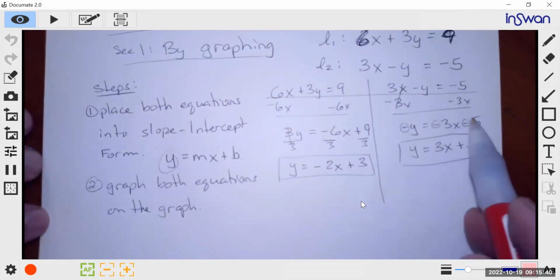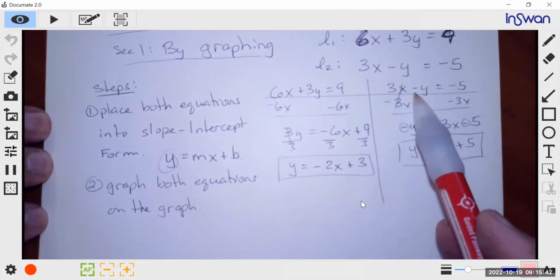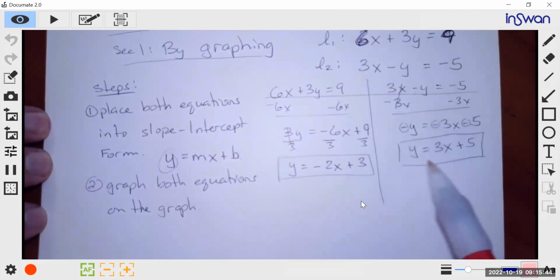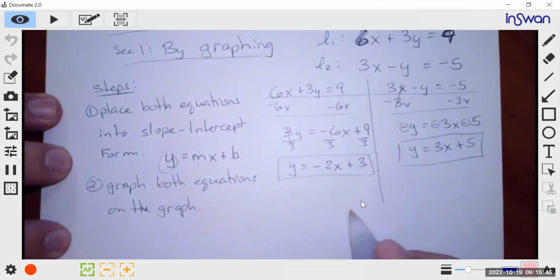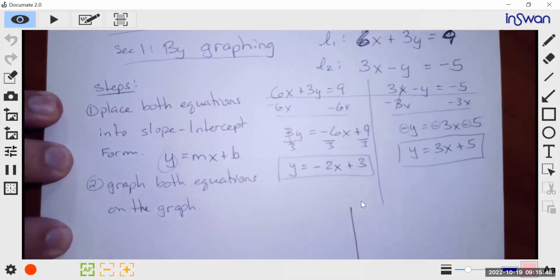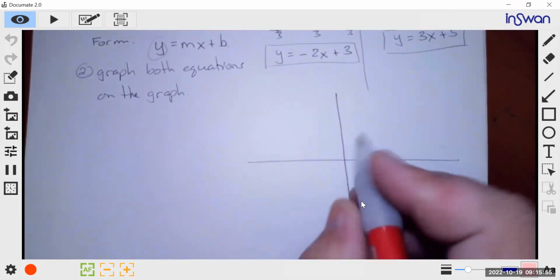You subtract 3x from both sides, and then you have to change all the signs because there's a negative in front of the y. Change all the signs. Now we graph both of those equations.